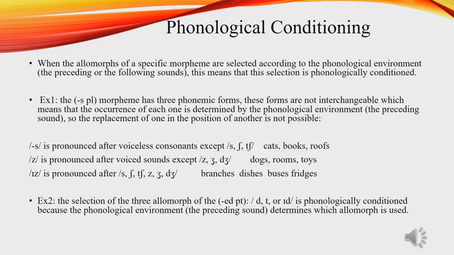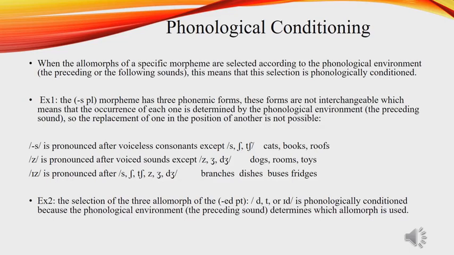We start with phonological conditioning. From its name, phonological, it is related to phonology, to sounds. When a specific morpheme has more than one allomorph, and the selection of each one of these allomorphs depends on the preceding or the following sound, it means that this selection is phonologically conditioned.